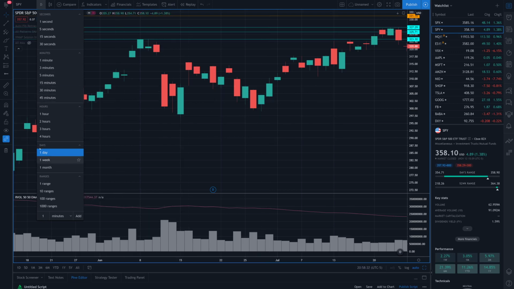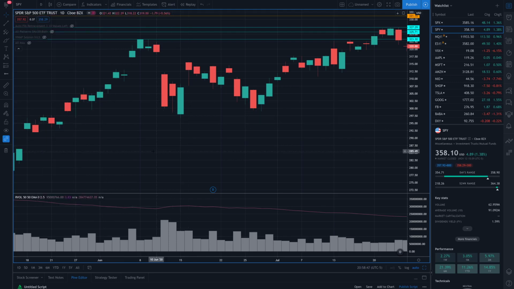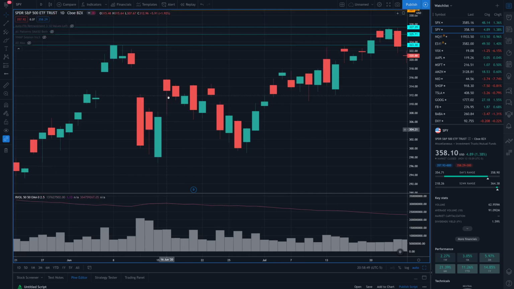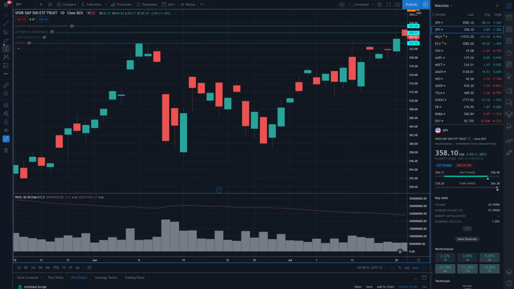Right now I'm going to use a day, because this is a very common time frame used for identifying longer term trends, which can benefit swing trading or just long-term trading. So I'll use that for now. On a candlestick, there are a few components.